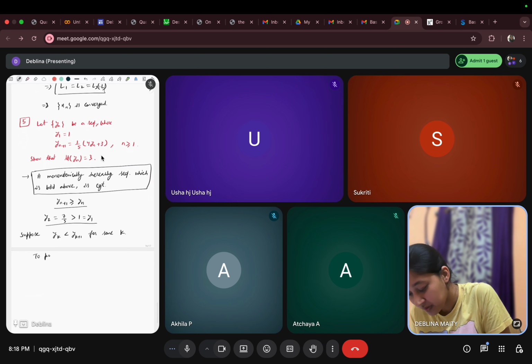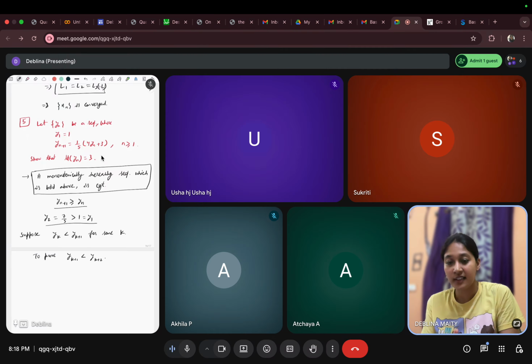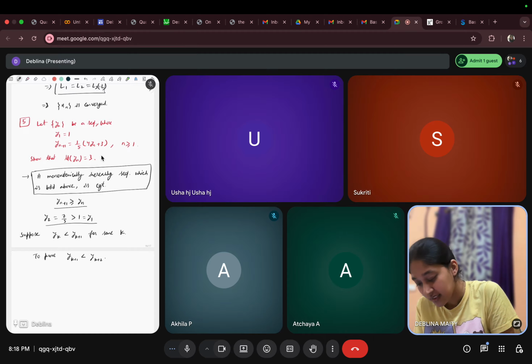Then we have to prove yk+1 is less than yk+2. Then we'll say that this is monotonically increasing. This is our assumption, yk is less than yk+1.